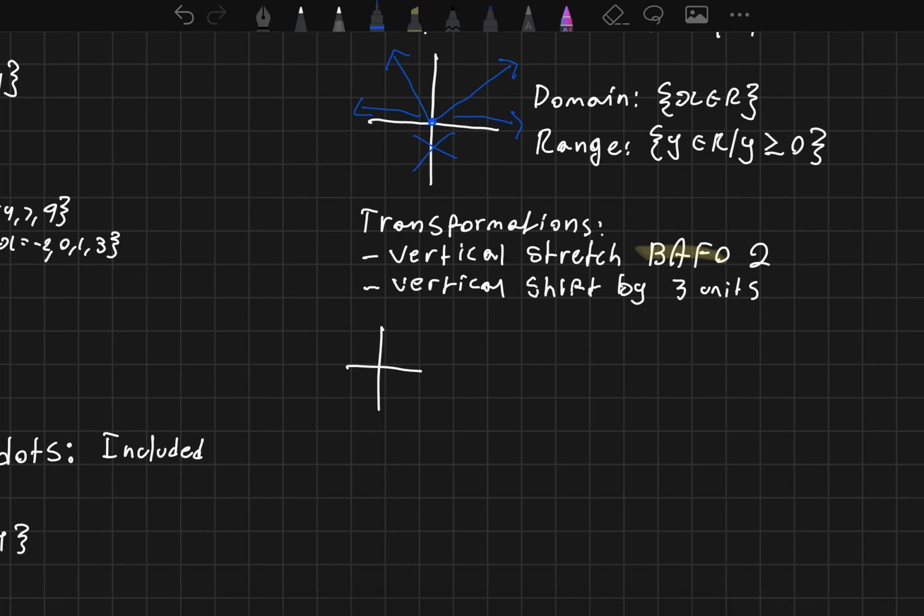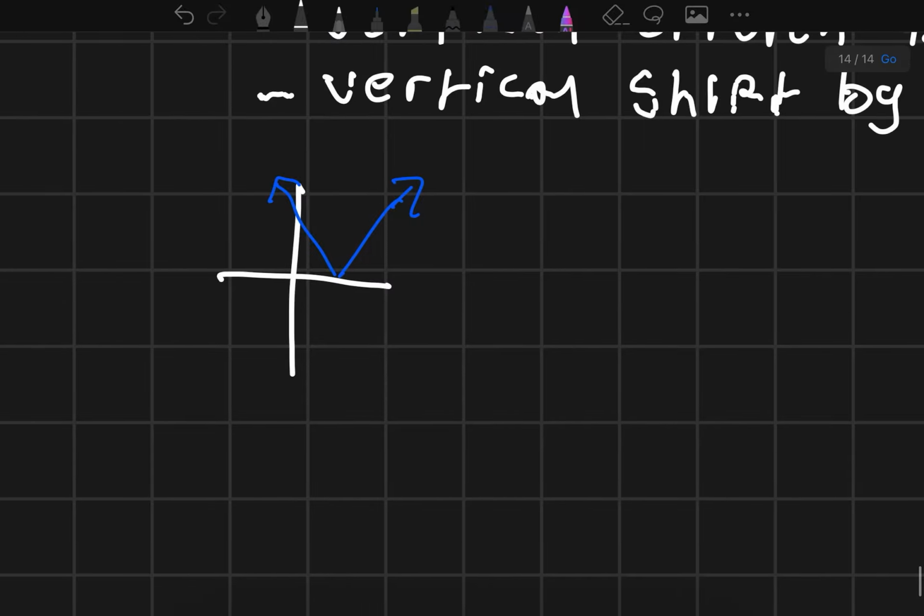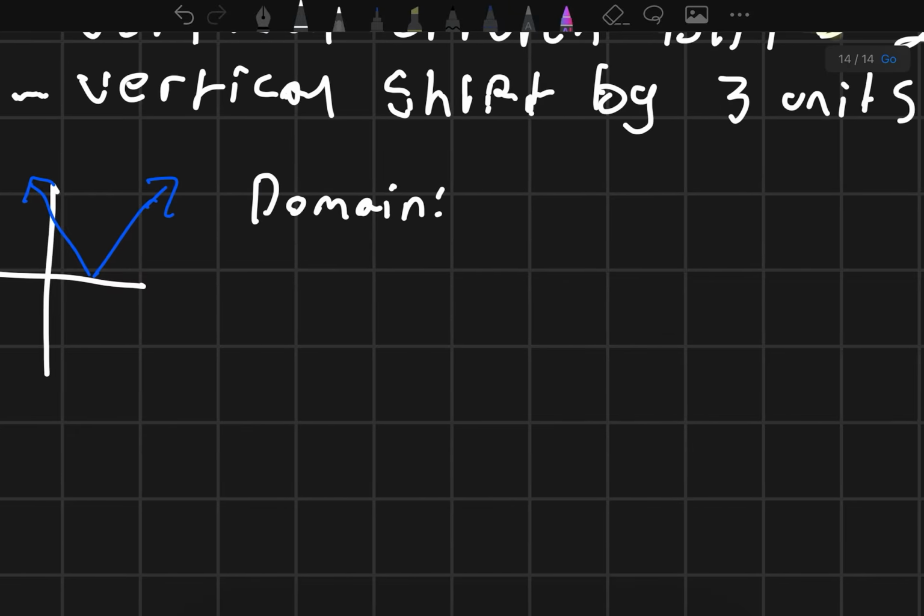But in this function, all we're doing is moving the graph 3 units to the right, and that doesn't change that still all x values are going to be included in this. So that means the domain is still x is an element of all real numbers.